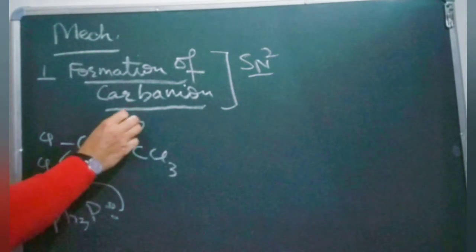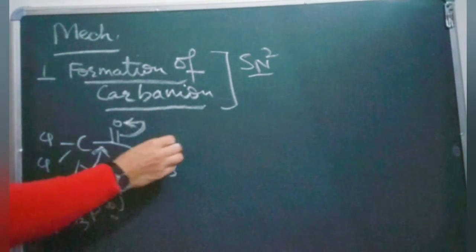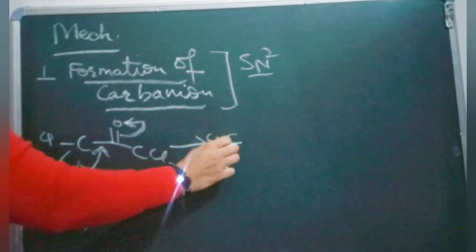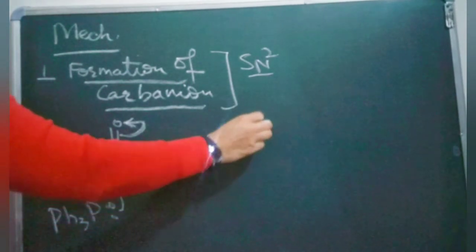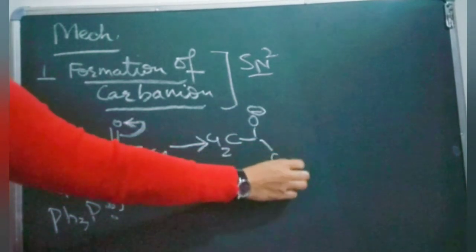Here double bond will be and the charge will move here, so it will develop negative charge. So here we'll be having carbon, Cl2, oxygen with negative charge, and CCl3.